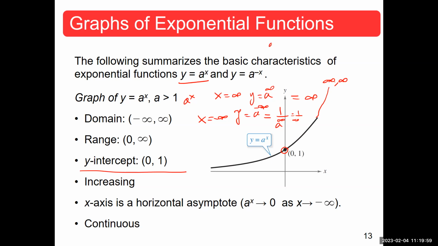Any number over infinity equals 0. Okay. So we have a point where x is negative infinity and y equals 0.